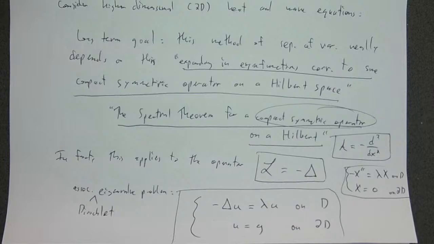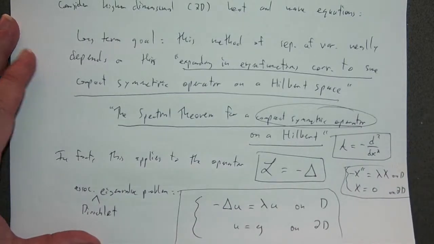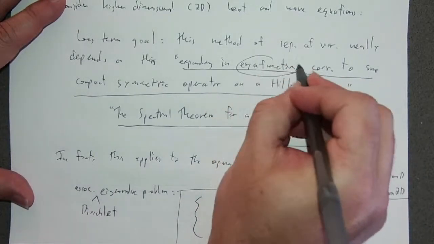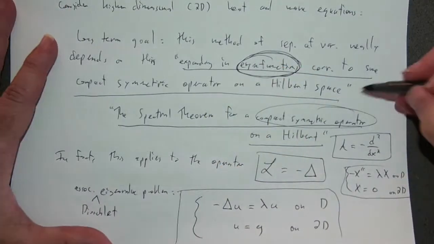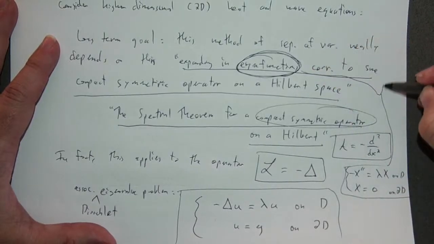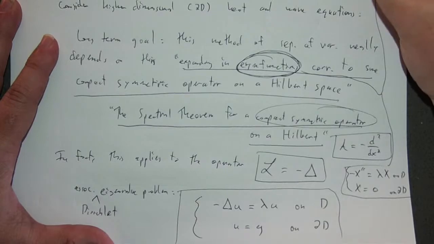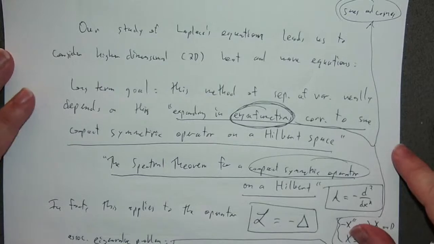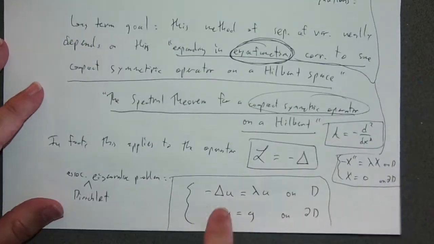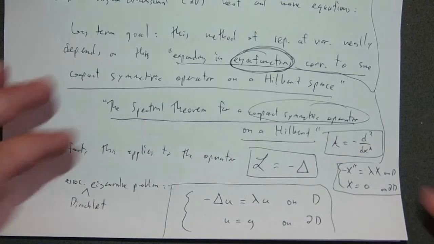Okay, and so what is the idea here? Well, for this problem, the eigenfunctions in question were what? They were sines and cosines, right? So the eigenfunctions in this problem were sines and cosines. But for this more complicated problem, now the eigenfunctions are more complicated.